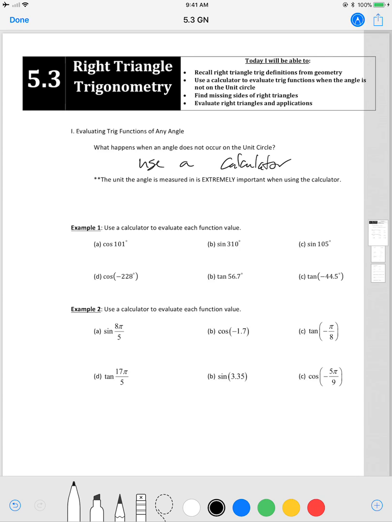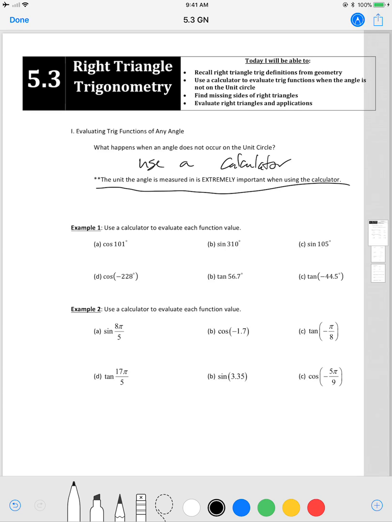Now, the one thing to be careful with using the calculator is you have to make sure that you're using the right unit when you plug in an angle for a trig function in your calculator. To do that on your TI-84, you'll press Mode and then scroll down to where it says Degree and Radian. You're going to highlight the one that you want and then press Enter. And then you can clear back out of that and then go ahead and do what you need to do.